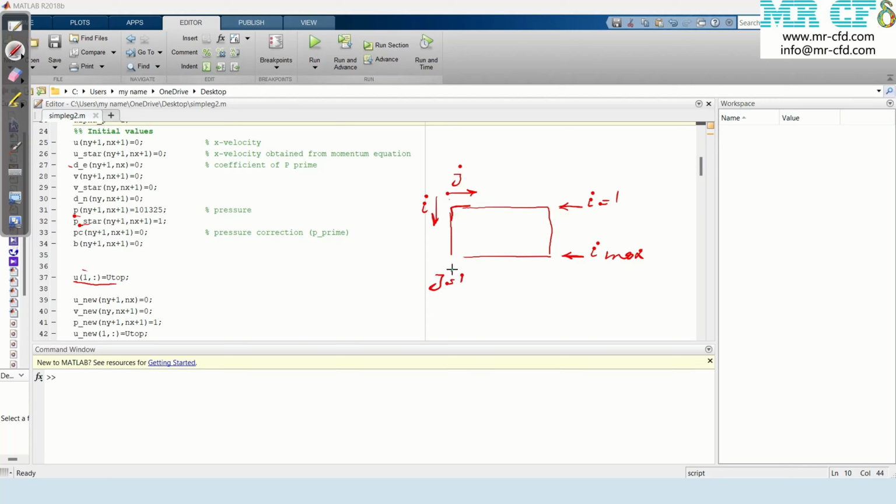Similarly, the index j refers to column numbering, starting from the first column labeled as j equals 1 and continuing to j max at the last column.